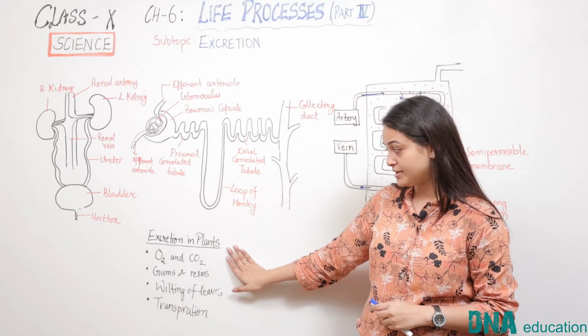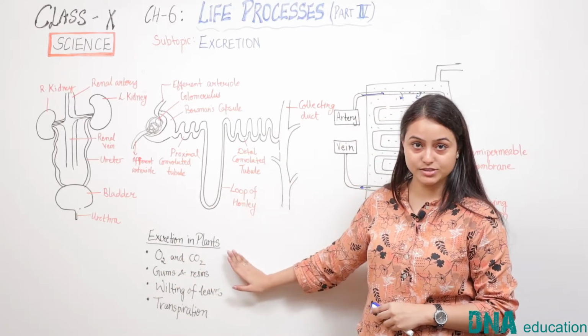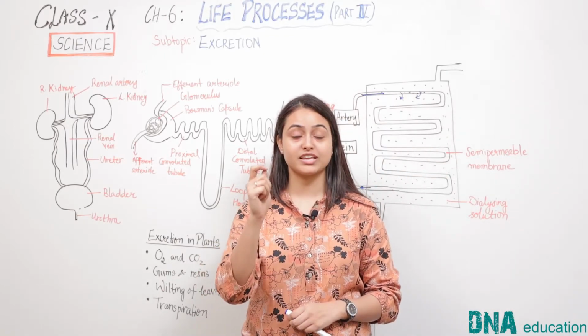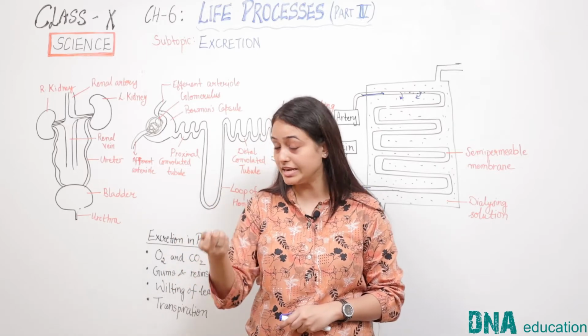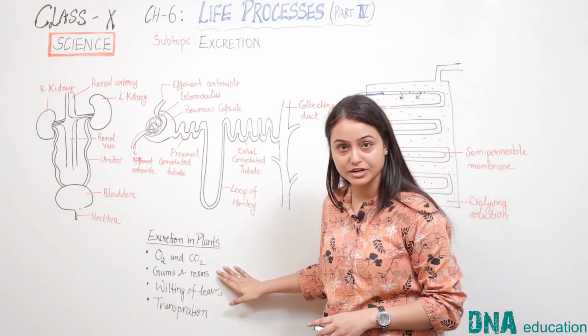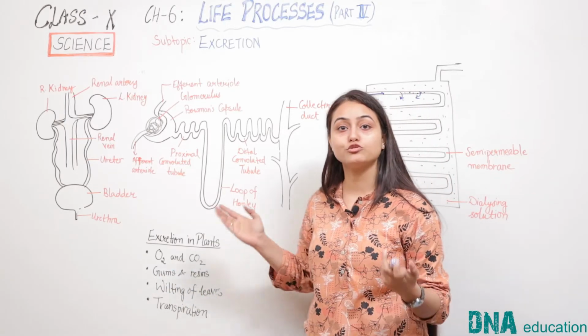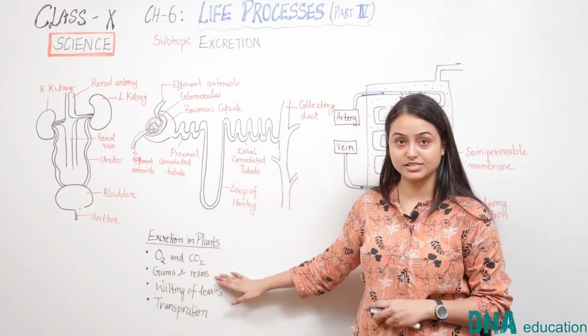However, here we can see a few points, like removal of oxygen and carbon dioxide. As we have seen, plants have stomata through which they can release oxygen or carbon dioxide gas that they don't need. Similarly, plants release some substances like gums and resins. These are also waste products of plants, but they are useful for mankind and we can exploit the plants for gums and resins.